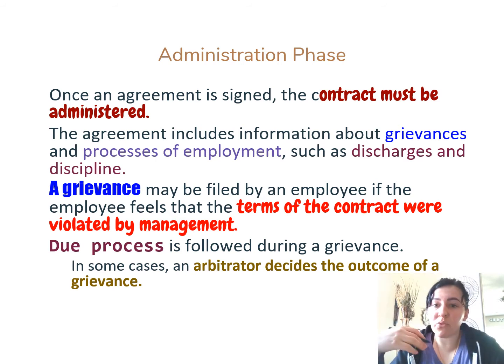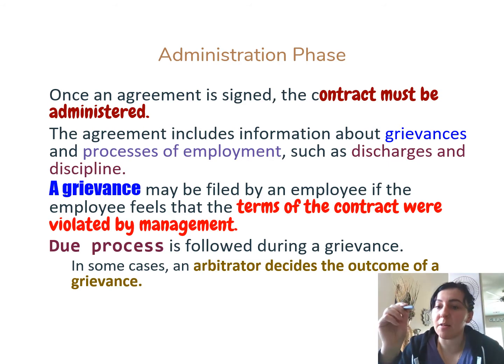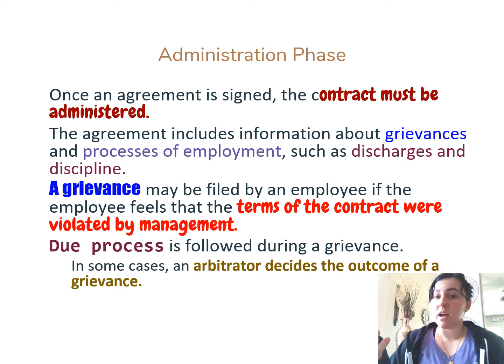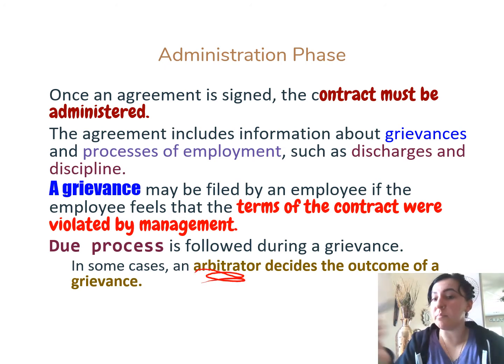Then if an employee, after all this has happened, feels like the management is not upholding their end of the bargain, a grievance can be filed by that employee. If they feel like you're not following the contract, what we just agreed on, then due process will follow that grievance. In some cases, you might need to get an arbitrator or a mediator.